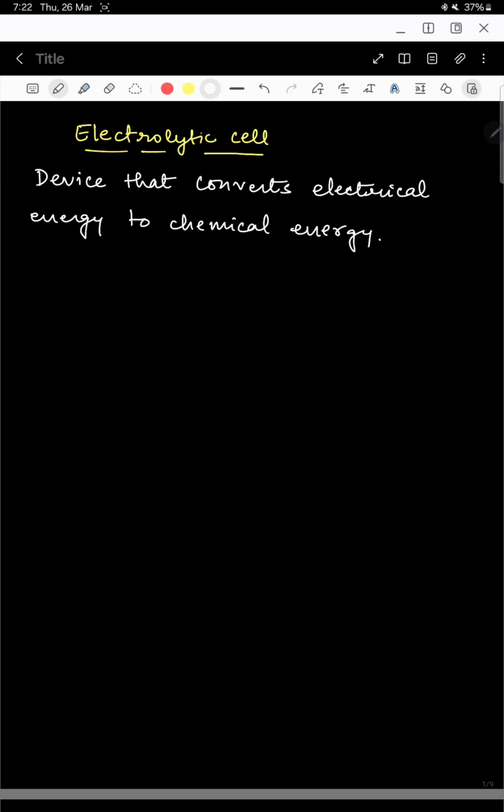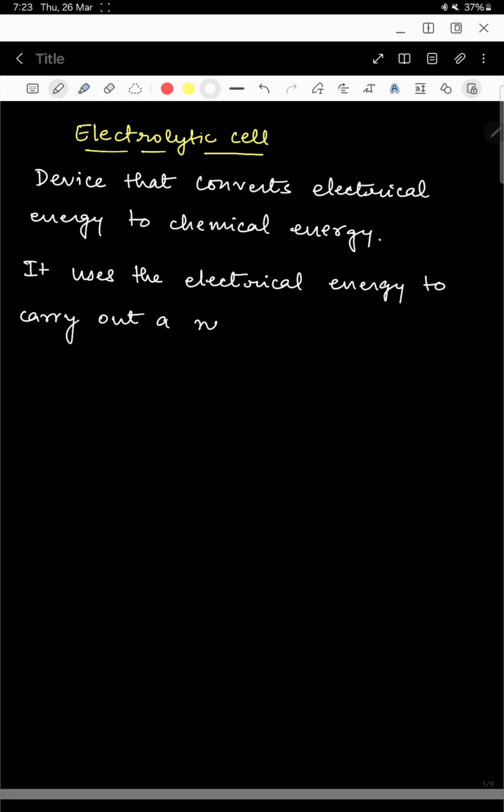That means it uses the electrical energy to carry out a non-spontaneous redox reaction.